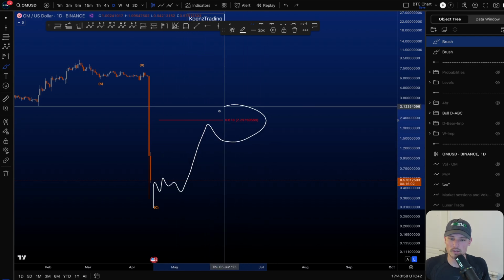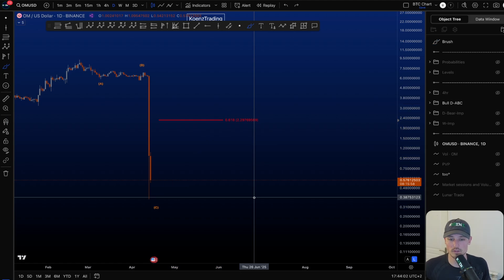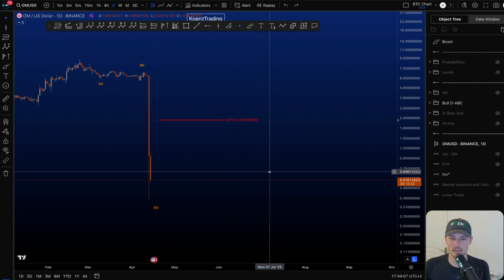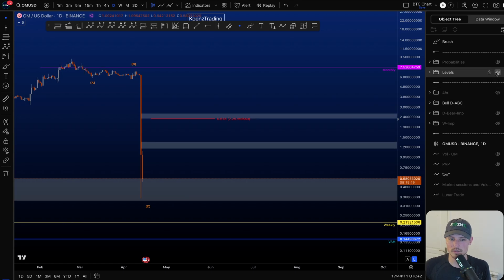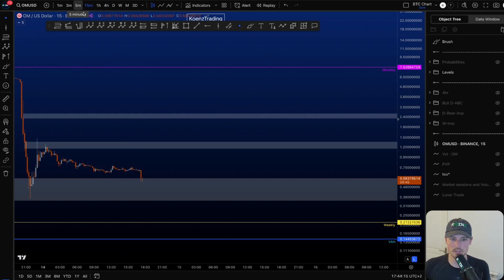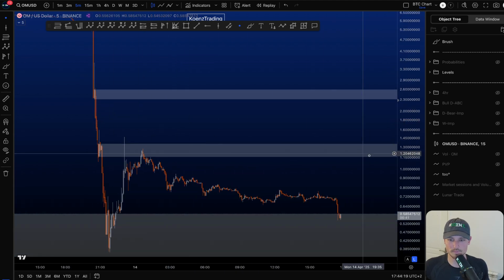You do want price to touch that 0.618 at 2.297. So that's an important area on the chart. Now, with regards to resistance to the upside, I do have a little bit of resistance to the upside, which I've got to go to a 5-minute time frame even to see.